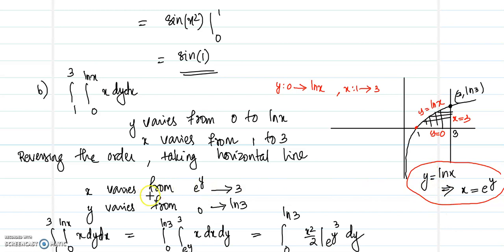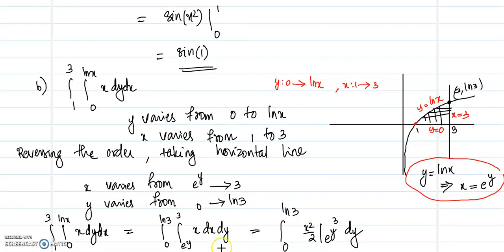So therefore x is varying from e raised to y to 3, and then we need to move the horizontal line above and below and look for the value of y in the region. So y is varying from 0 to ln 3, that is the variation of y.